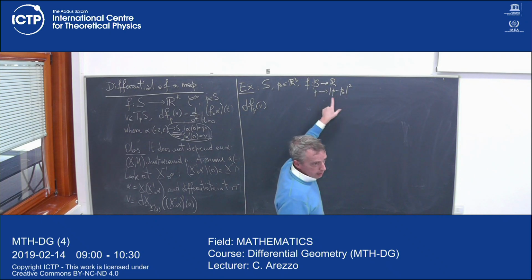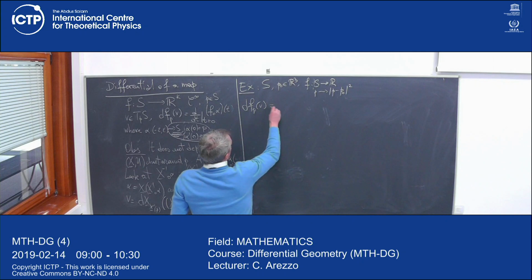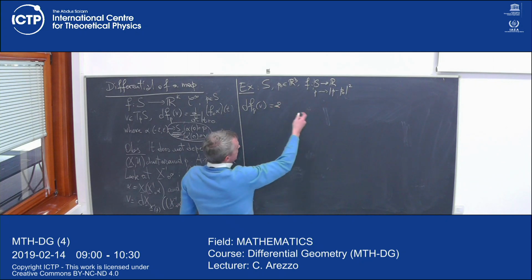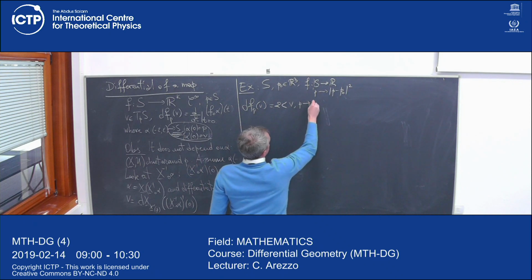This is again the square. Actually, it's what we computed for the sphere 10 minutes ago. So this becomes twice V dot P minus P naught.